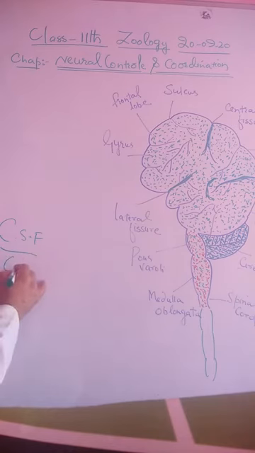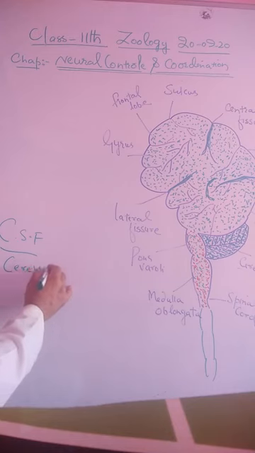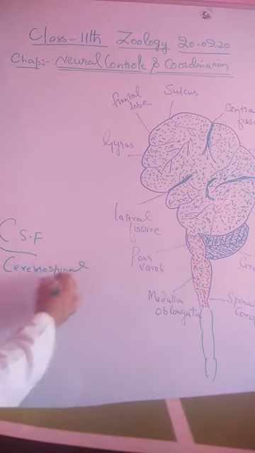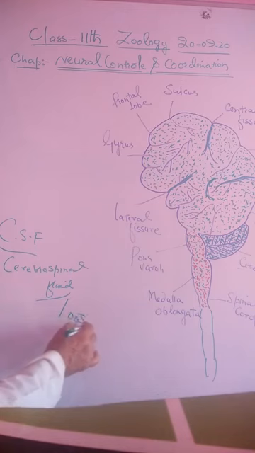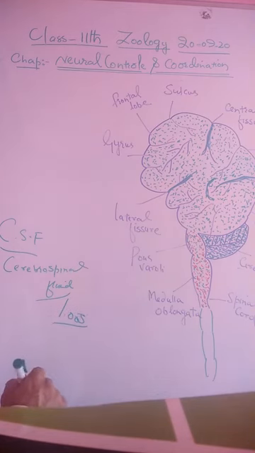This fluid is called cerebrospinal fluid. It is secreted by the choroid plexus by filtration of the blood and is very important for the working of the brain. It is highly alkaline and has a specific gravity of 1.005. About 100 cubic centimeters of this fluid is present in the CNS.